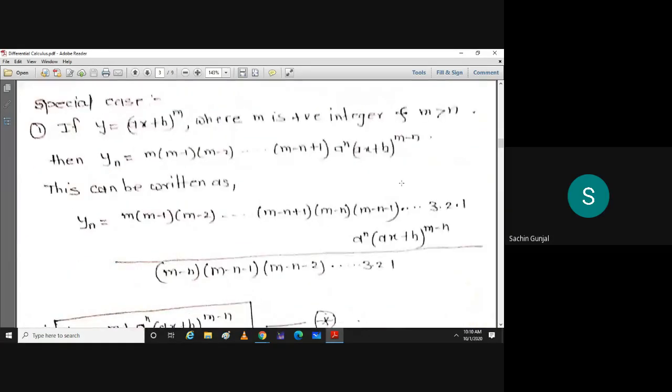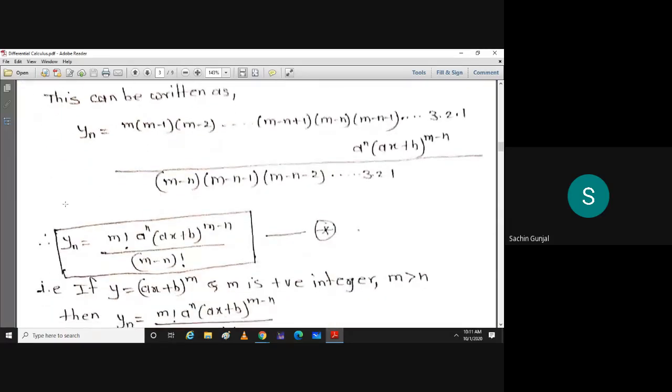We are in this case: x raised to n means the degree of that polynomial is n, and we are finding its n minus 1 derivative. So m is n and the order is n minus 1. So for x raised to 5, it will be 5 factorial times x.